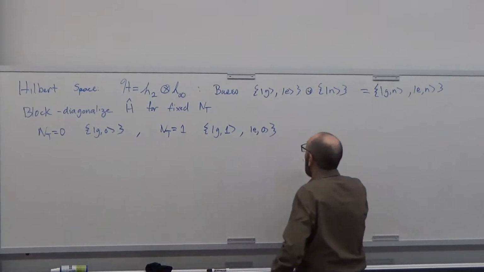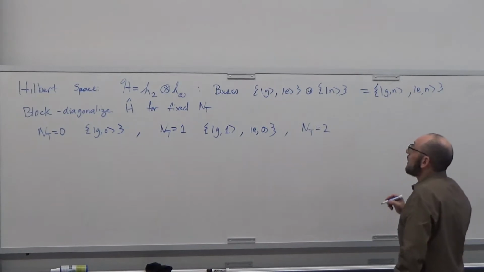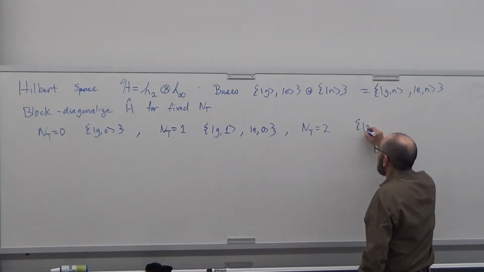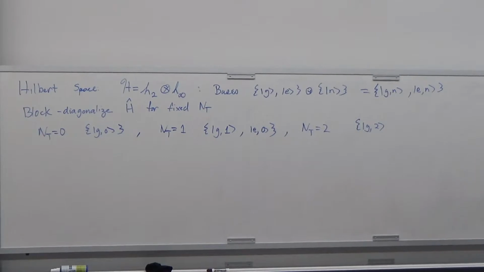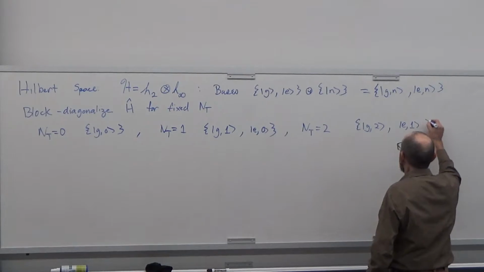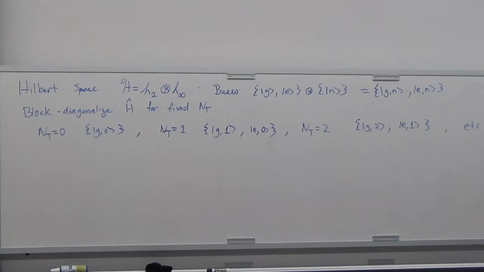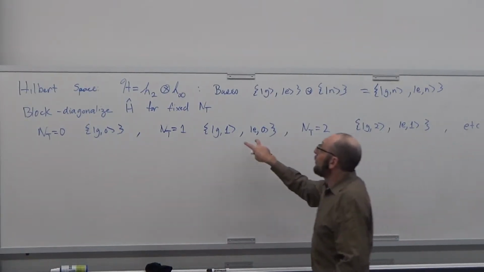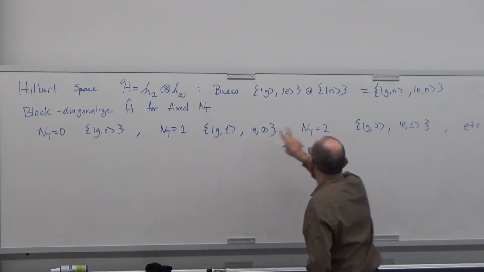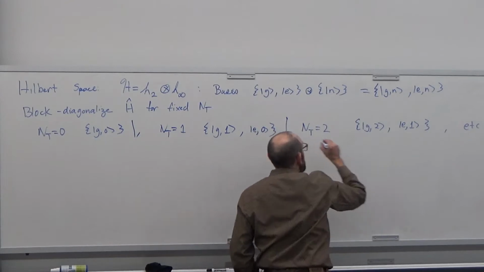Okay? I could have NT equals 2. That might be the atom in the ground state with 2 photons, or the atom in the excited state with 1 photon, etc. So by grouping the basis states in this way, we know that the Hamiltonian has no off-diagonal elements between the different blocks, because NT is a good quantum number.